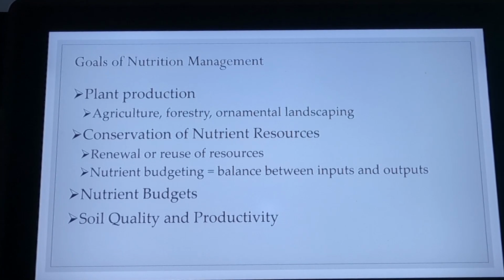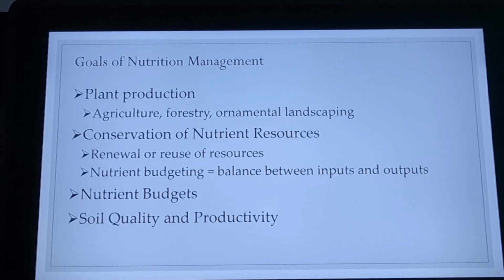We know how much we're going to remove from the crop. And if it's not in the soil, and it's not in the crop, where's it at? Down in the lake or whatever. It's a real simple budget.